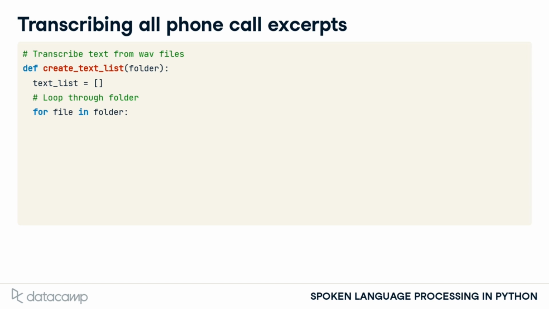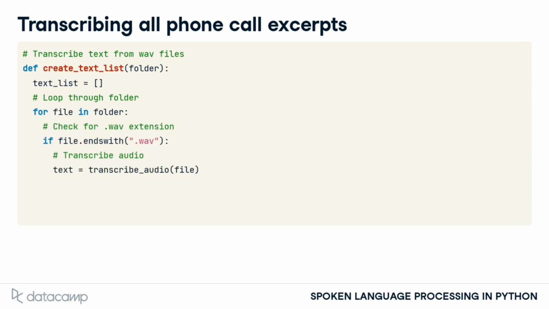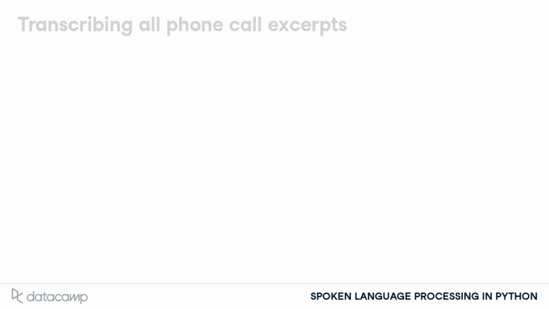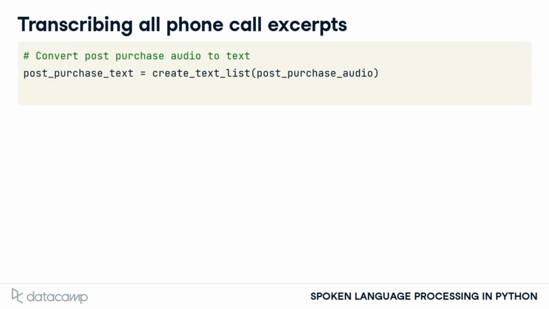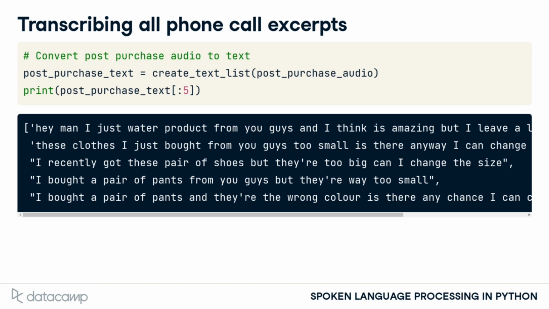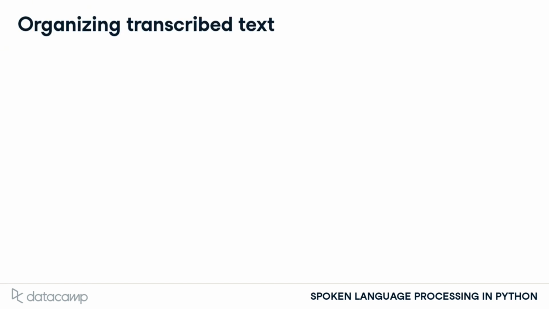Then, looping through the folder, if a file ends with a WAV extension, you pass the file path to your transcribe audio function, which returns the text. Once you have the text, you append it to your empty list and then return the list full of transcribed text. Running the function on the post-purchase folder returns a list of text. Let's see what the first 5 look like. Okay, we're making progress. Those helper functions came in handy.